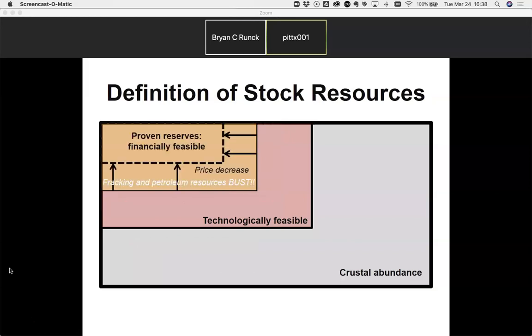We can also talk about a shrinkage of proven reserves, that is the financially feasible, depending upon market conditions. When the petroleum market goes bust, the proven reserves are diminished because it's no longer financially feasible to extract petroleum by fracking technology.